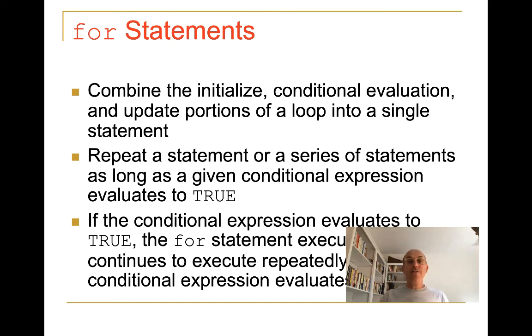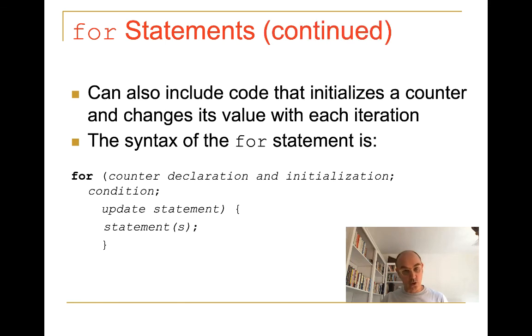When we use the for statement, it combines the idea of the condition evaluation and the update of the loop into a single statement. So it repeats the statement as long as a given condition evaluates to true. If the condition expression evaluates to true, the for statement executes and continues to execute repeatedly until it evaluates as false.